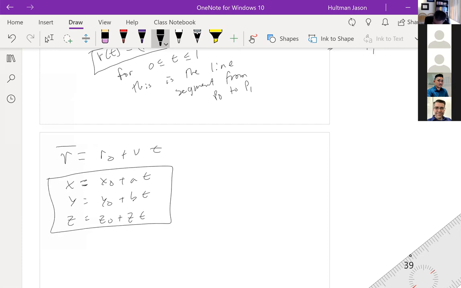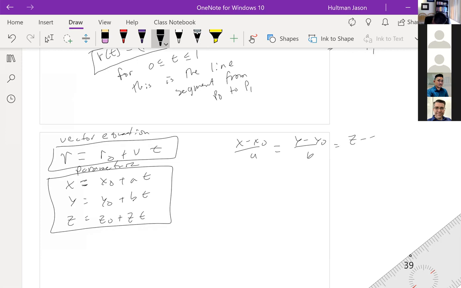This is my vector equation of a line. And what was it? It was x minus x naught over a is equal to y minus y naught over b is equal to z minus z naught over c. These are the symmetric equations of a line.